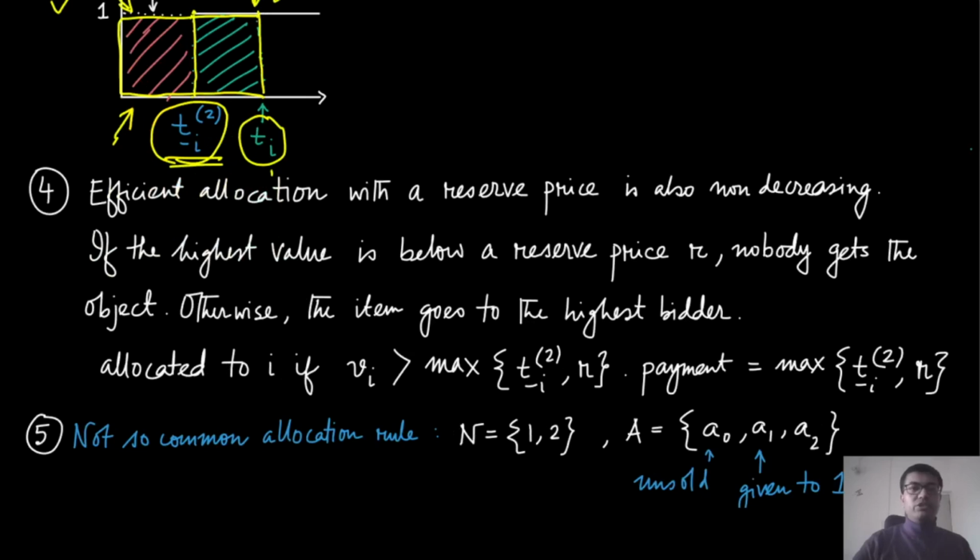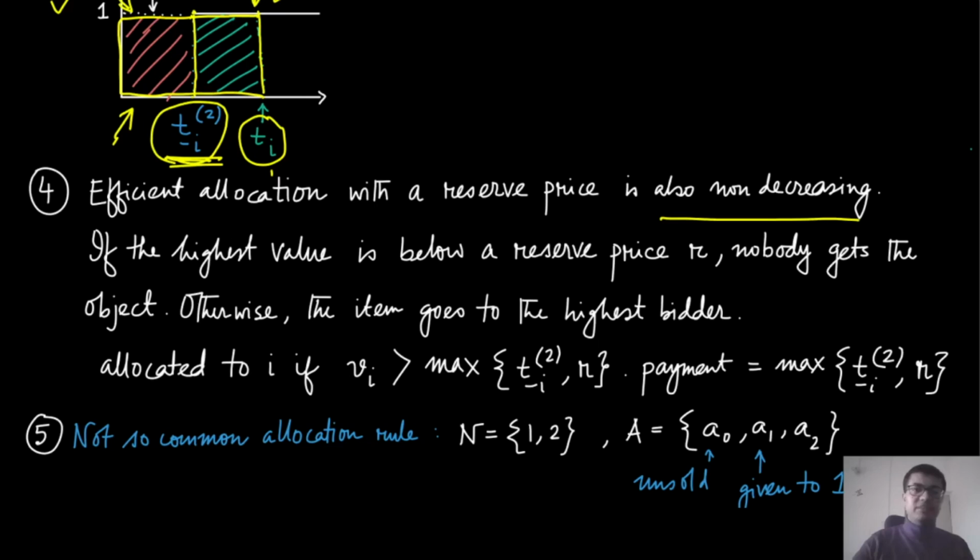Now you can also generalize this a little further. You have an efficient allocation, but now you are selling it with a reserve price. This is also a non-decreasing allocation rule. You can verify that once the type increases, keeping everyone else's type fixed, after a certain point, which is the threshold point, instead of just being t_{-i}^(2), it will be the maximum of this t_{-i}^(2) and the reserve price.